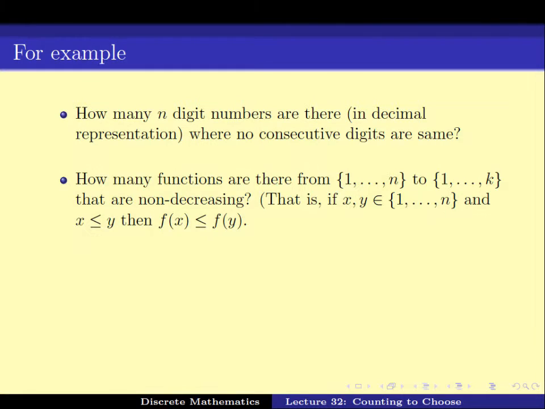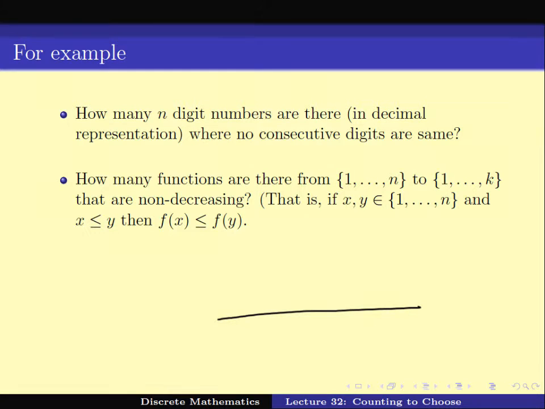So in some sense, if I plot this graph, this is f of x, which of course takes integer values, and this is x. It will be a set of dots. So maybe f of 1 is 1, f of 2 is 3, f of 3 is 4, and so on.